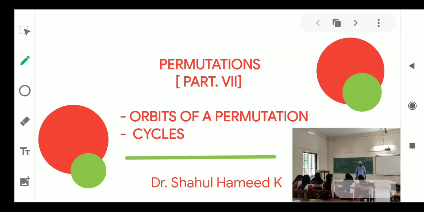So if you have an equivalence relation, it cuts your set A into equivalence classes. These equivalence classes, we'll see, are the orbits of a permutation. So let's go to the definition.